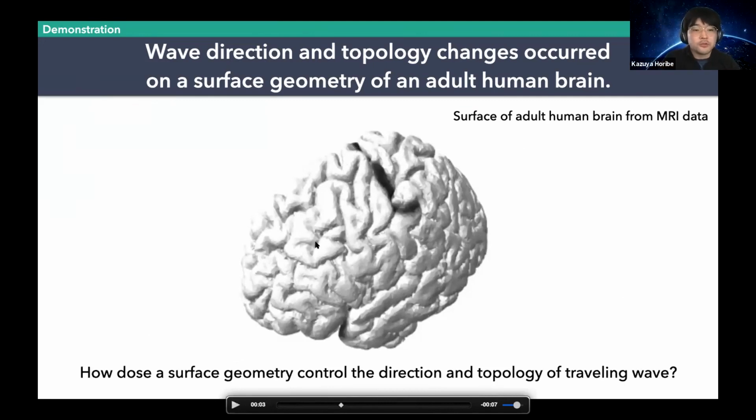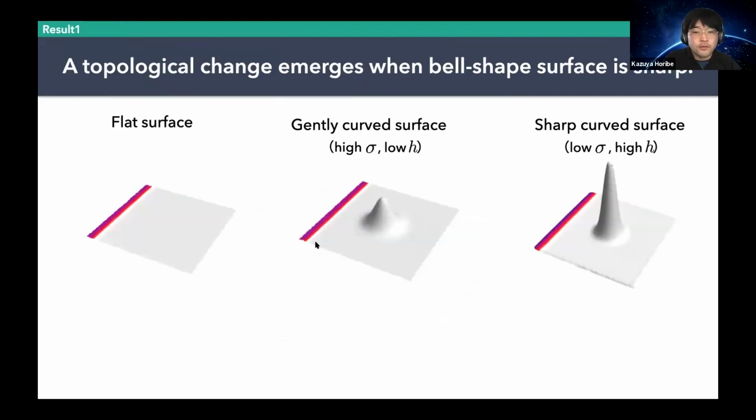So we want to understand how the surface geometry controls the direction and the topology of the traveling wave. This is too difficult to understand with the real geometry of the surface, so we simplify the geometry.